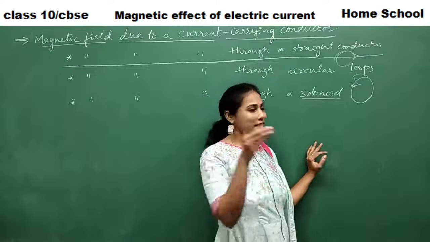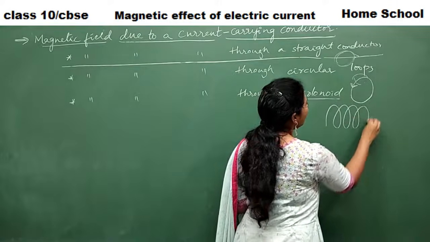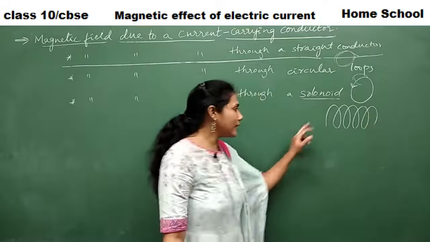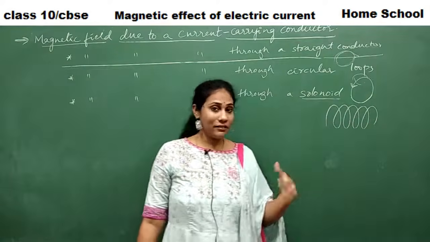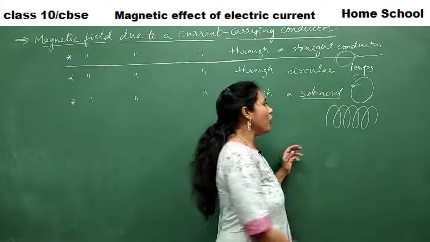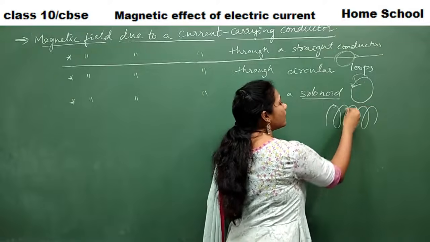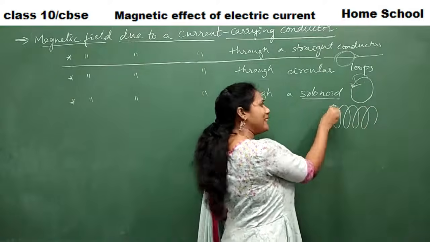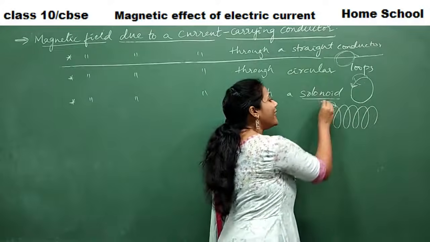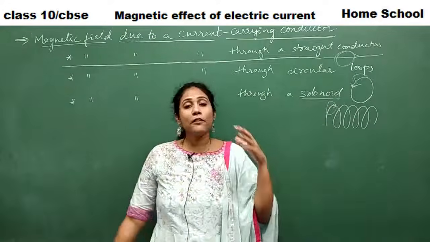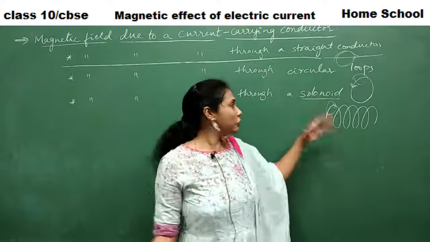As of now, just think of a solenoid as a coiled structure, a conductor in the form of a spiral or coil. When a current is passed in such a coiled structure, a magnetic field is generated, no doubt. But how does the magnetic field look, and how do the field lines look? This is what we are going to discuss.